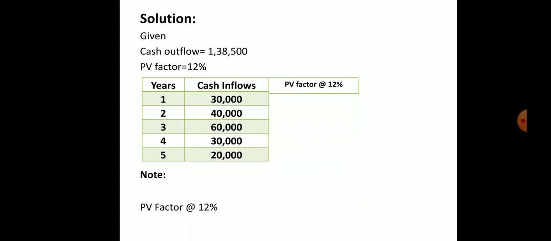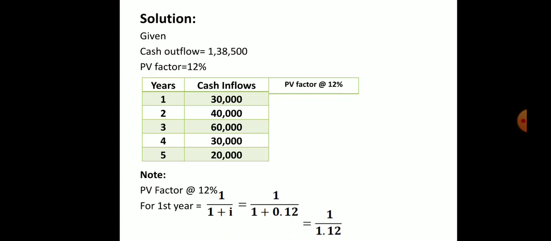The PV factor at 12% for the first year is 1 divided by 1 plus i, where i is the cost of capital, 12%. That is 1 divided by 1 plus 0.12, which is 1 divided by 1.12, equal to 0.893.